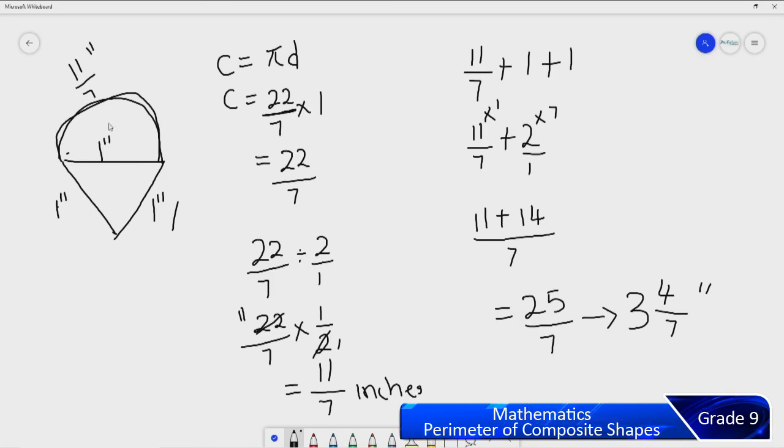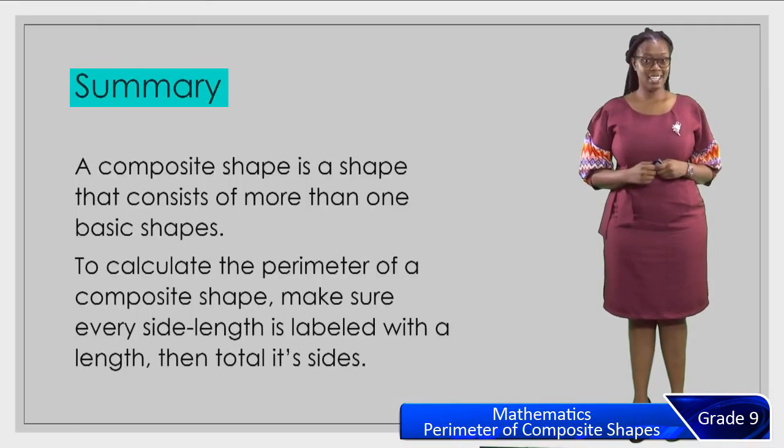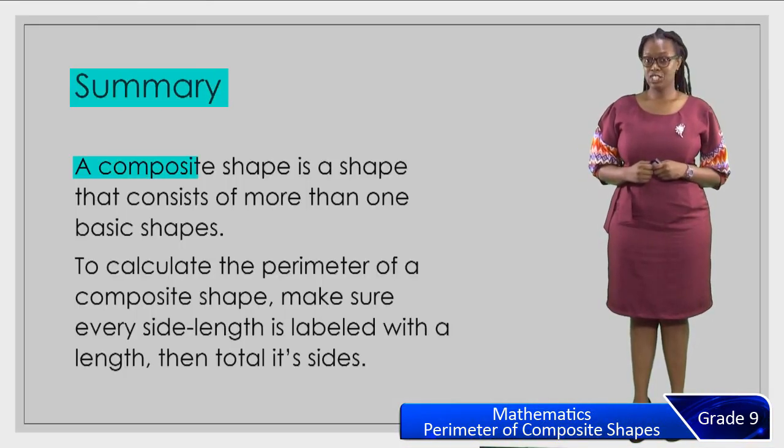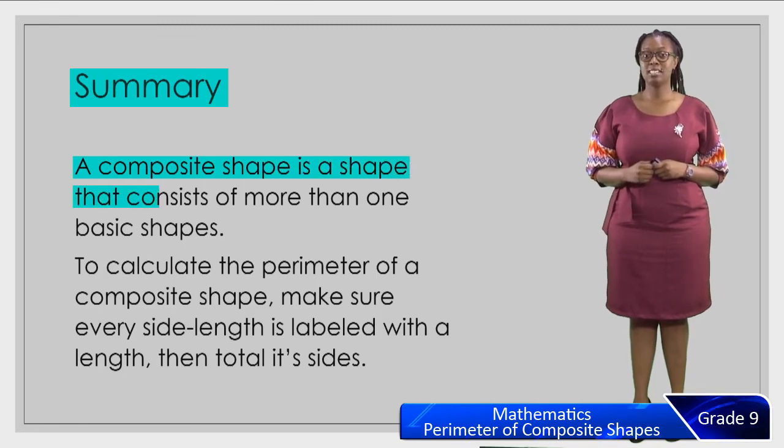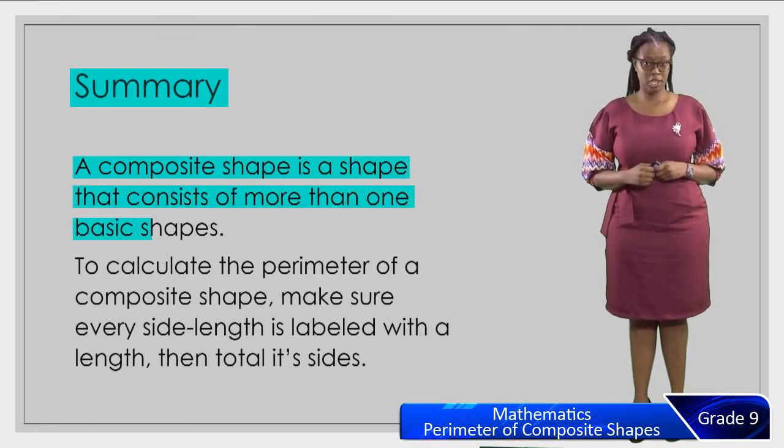So the perimeter of this composite shape that consisted of a triangle and a semicircle is 3 and 4 over 7 inches. So to summarize this lesson, a composite shape is a shape that consists of more than one basic shape.